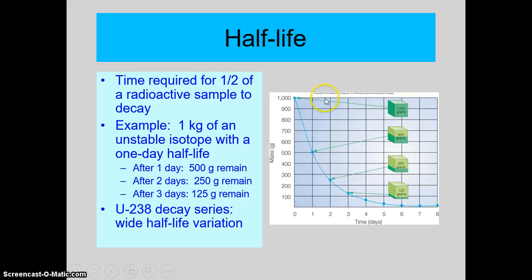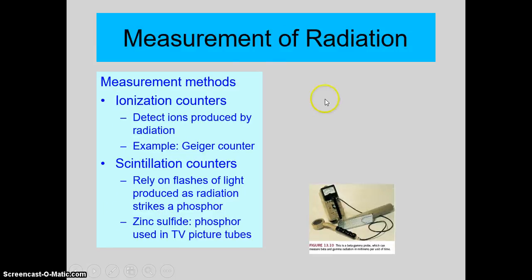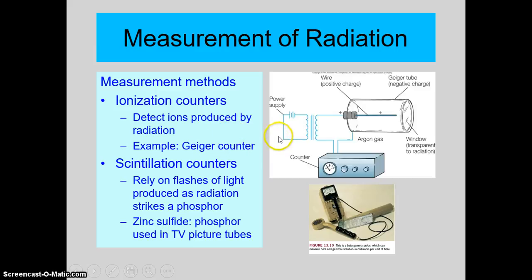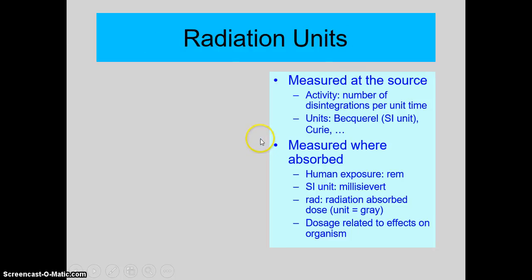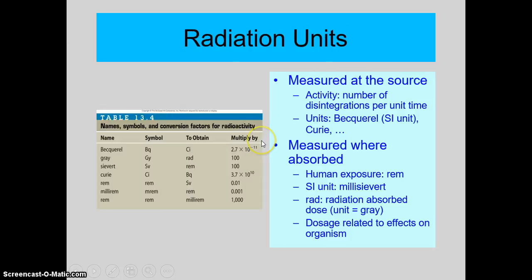All right, so there are different ways of measuring radioactivity. The Geiger counter was one of the first ones that was created. Remember, Geiger was a colleague of Rutherford back when they detected the nucleus. There are different measurements.